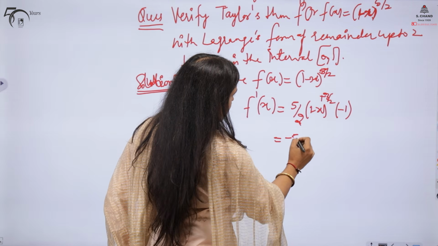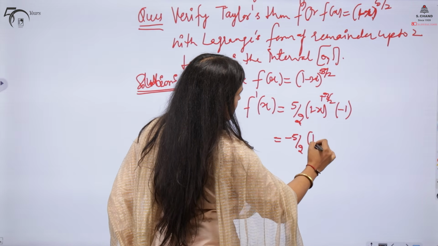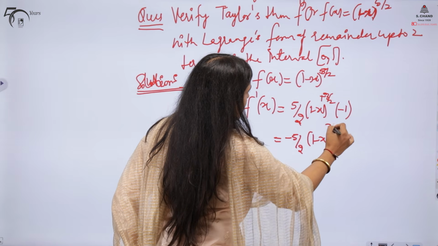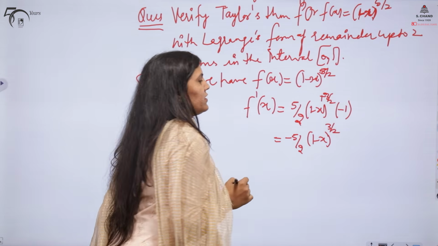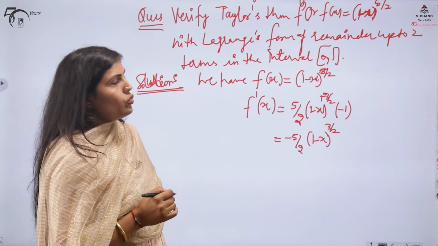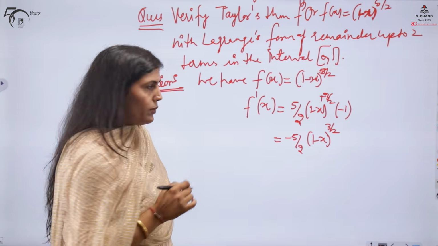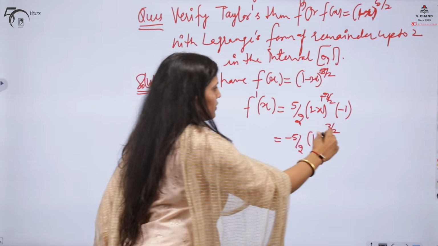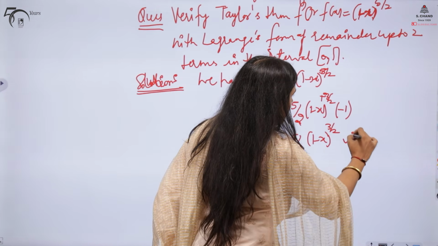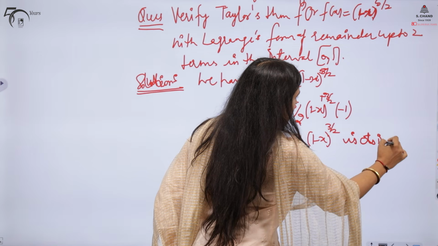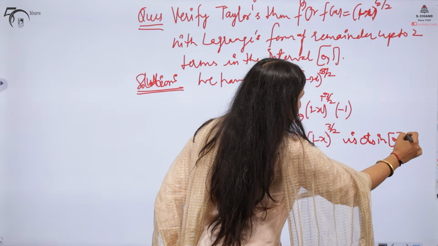So finally your first derivative is this one. You check the continuity, there is no issue, this is an algebraic function. So this first derivative is continuous, no issues at all in the closed interval 0 to 1.